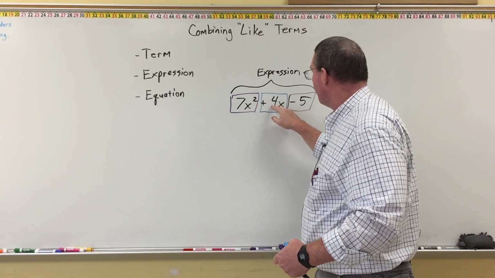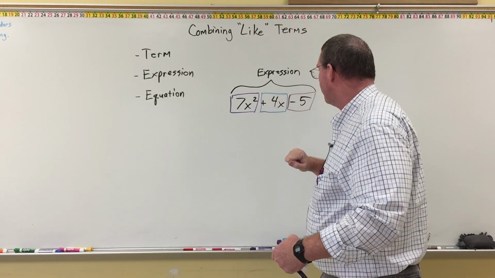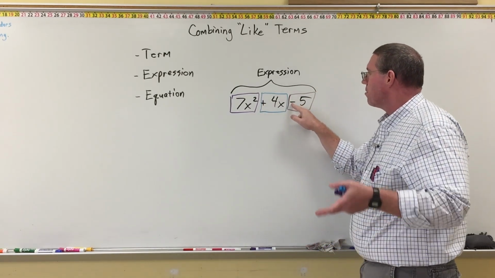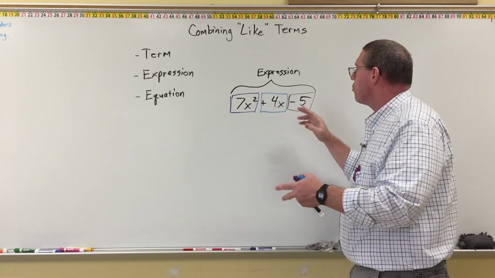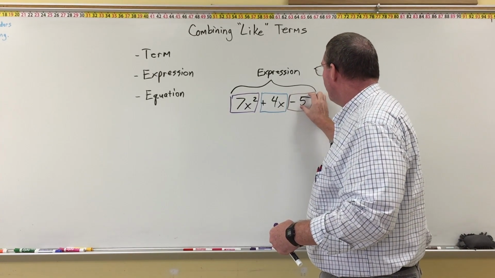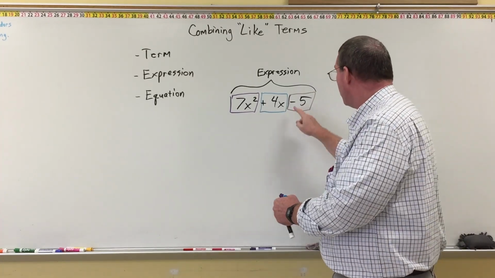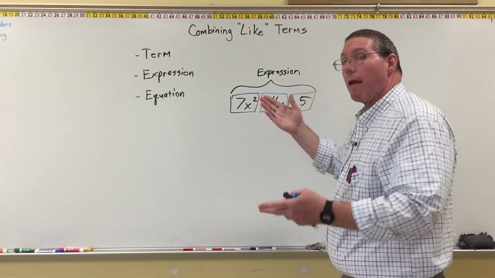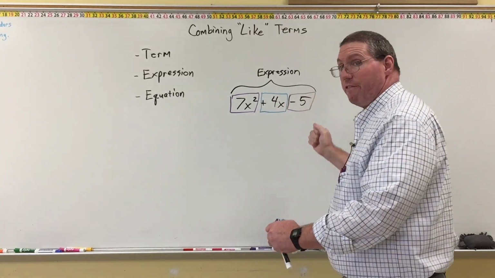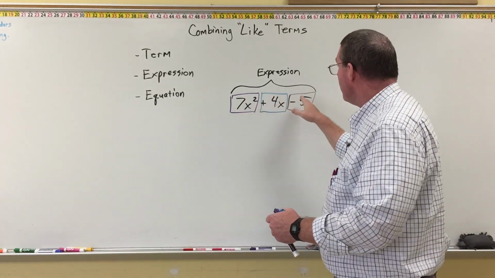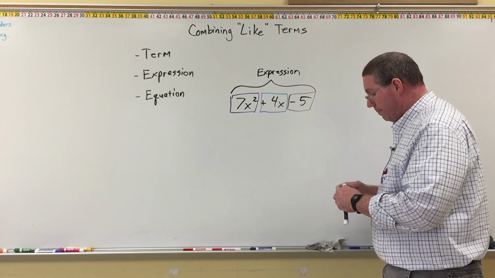It's saying that the 4x term is positive. And even though this minus symbol says to subtract 5, it's also indicating that the value of the 5 is considered to be negative. So instead of saying minus 5, you can say plus negative 5, okay? But each one of these is a term.